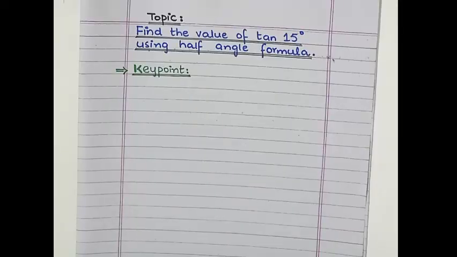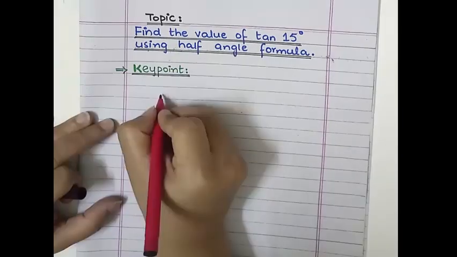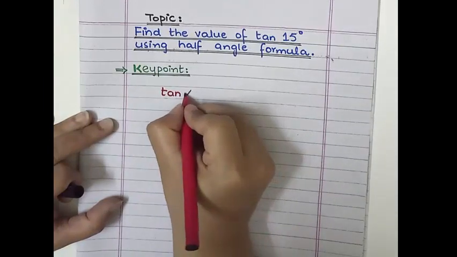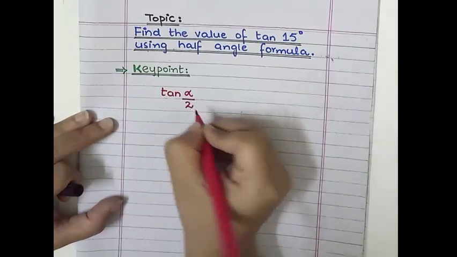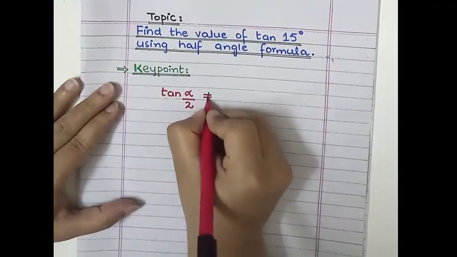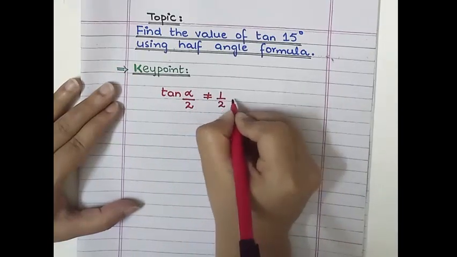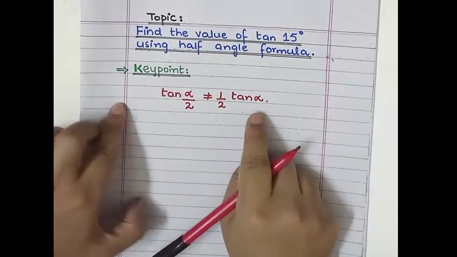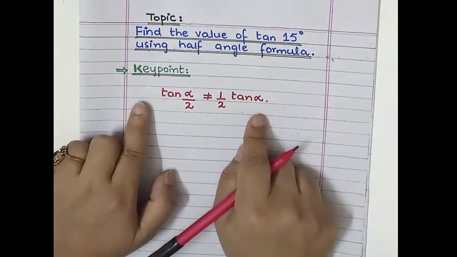The main key point to solve questions using the half angle formula is that we have tan or any trigonometric ratio of a half angle, alpha over 2. This is not equal to 1 over 2 tan alpha. This is the major mistake which students make while solving the question on paper.